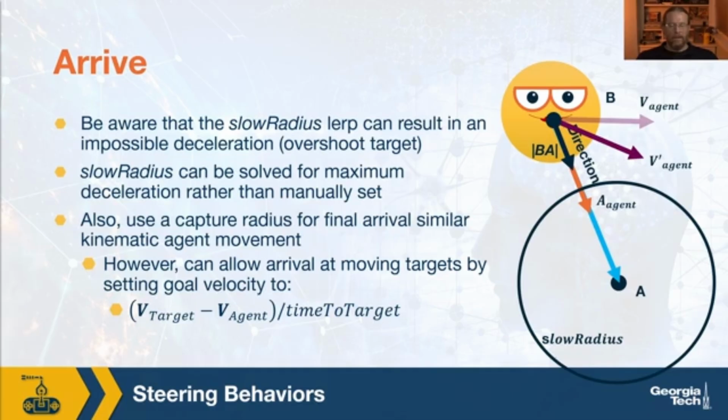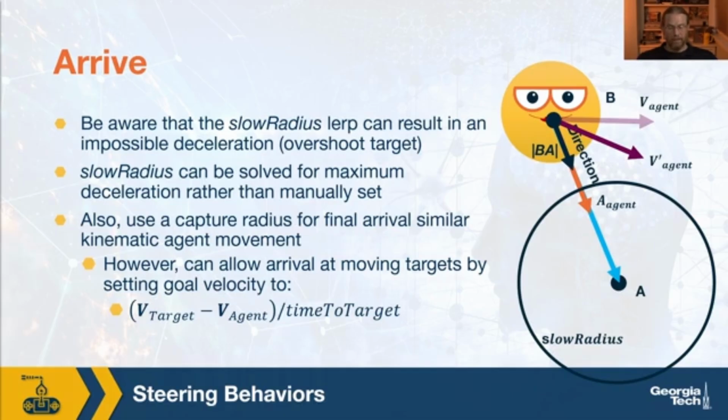Now, this can create a situation where if your slowdown radius is not the right size, you might actually exceed the maximum acceleration allowed by the agent. So you have some target velocity, and you can calculate what acceleration would be needed to achieve that target velocity, and it might be beyond the max acceleration allowed.